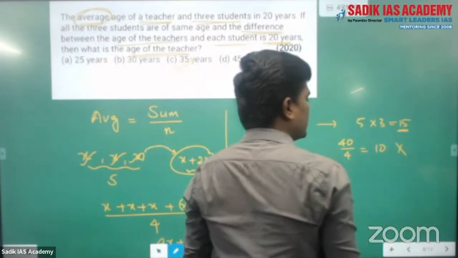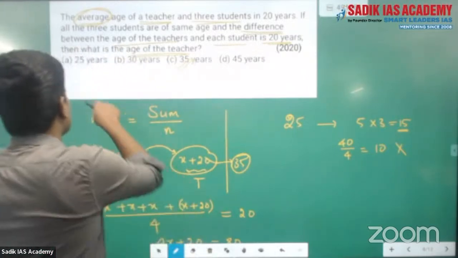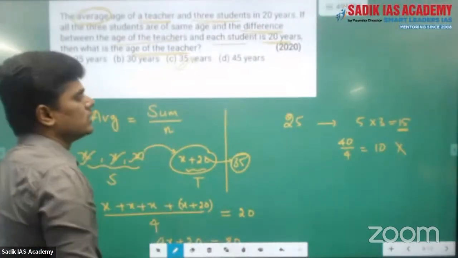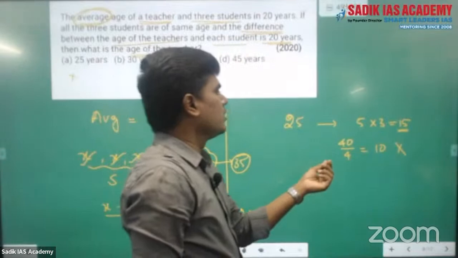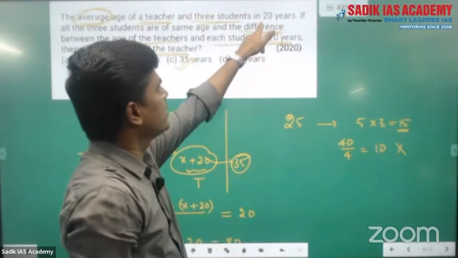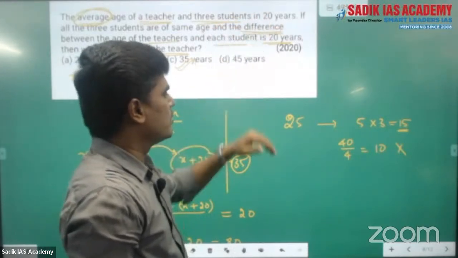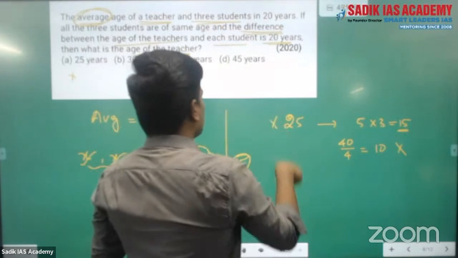I'm getting 10. I'm not getting 20, instead I'm getting 10. Therefore this option we can remove. The average I'm getting with respect to this option is 10, not 20, but they have given the average is 20 for all 4 people. Therefore this is a wrong option.